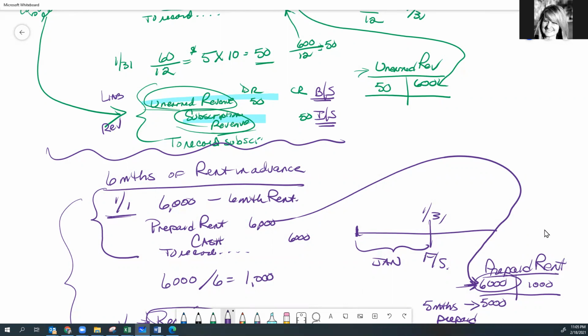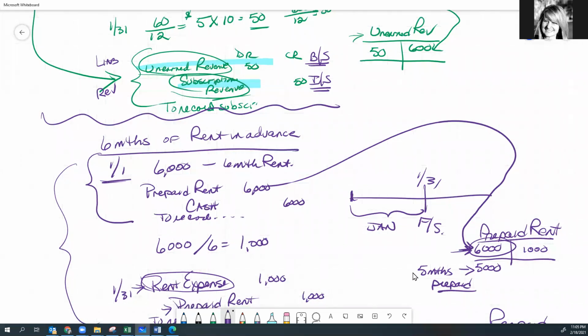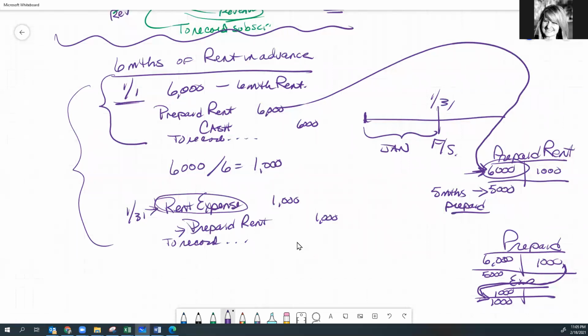Now, if we look down here at our adjusting journal entry, we debited an expense and made it go up, and we credited an asset and made it go down.